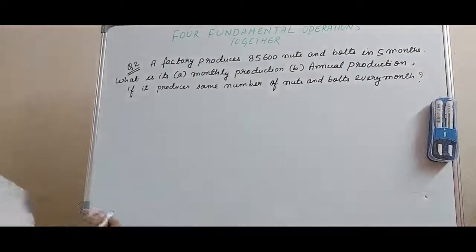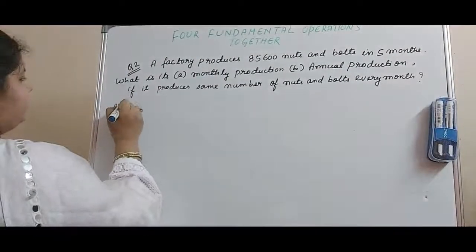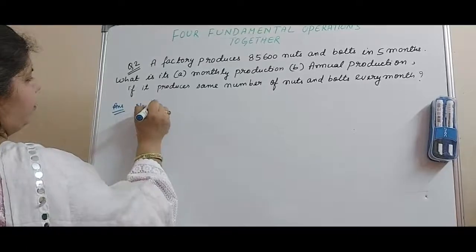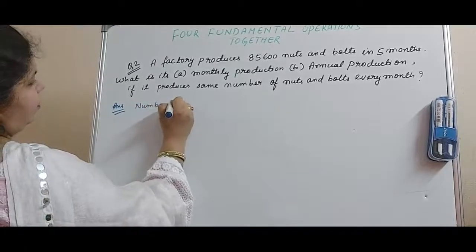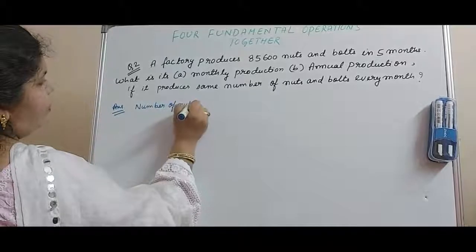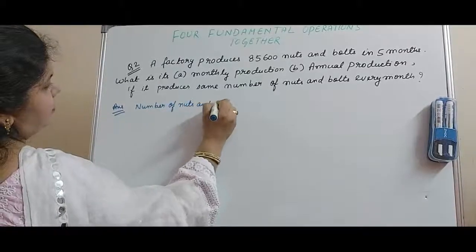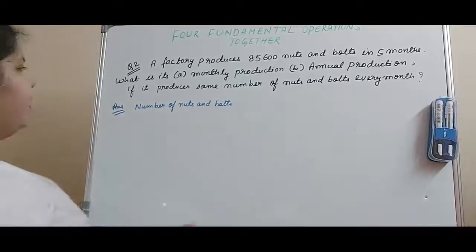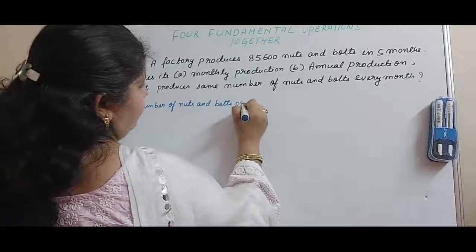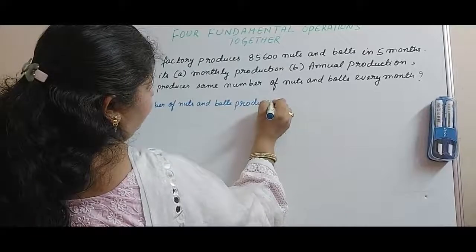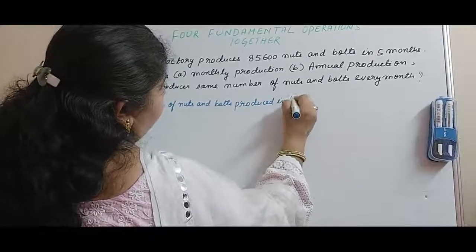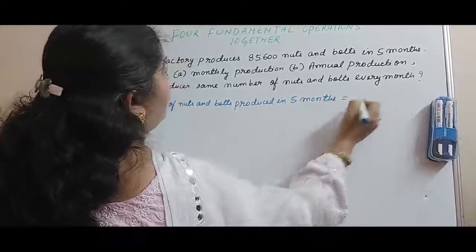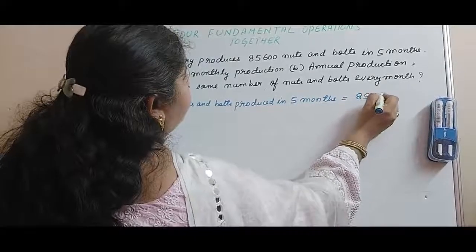So our first statement has to be number of nuts and bolts produced in 5 months equal to 85600.